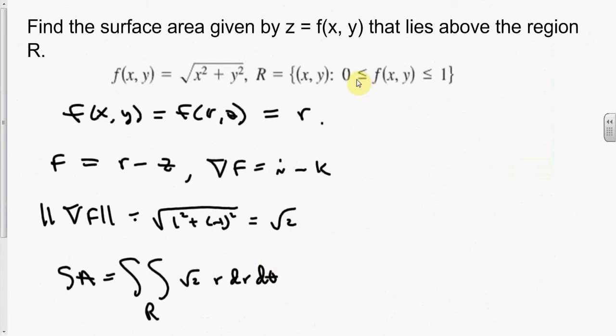So r goes from 0 to 1. Theta goes from 0 to what? Is it pi over 2?